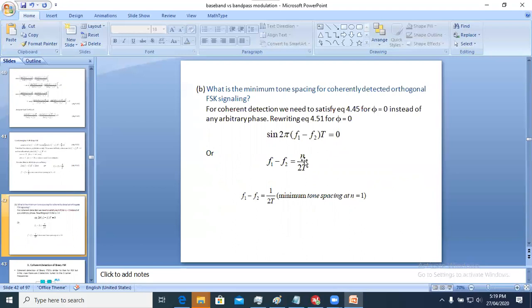So this means f1 minus f2 would be equal to n by 2t, or for n equal to 1, f1 minus f2 is equal to 1 by 2t. This is how we can derive that the minimum tone spacing for coherent detection is 1 by 2t, and for non-coherent it is equal to 1 by t.